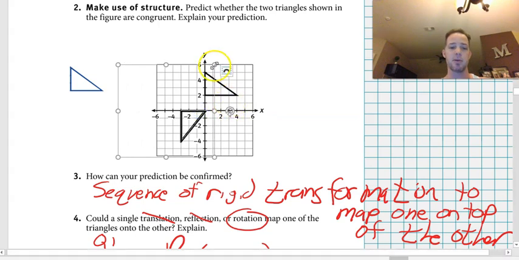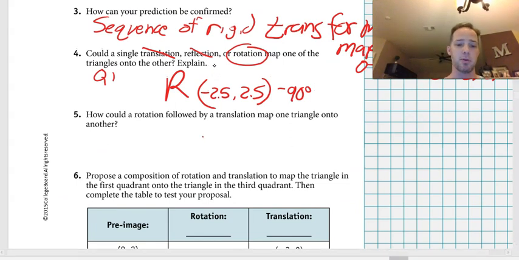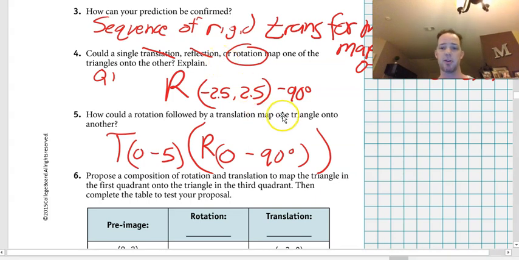So let's go ahead and say that's what we did. We could first rotate about the origin negative 90 degrees. And once we do that, we could translate left 5 units. So it doesn't go up or down, but it does go left 5 units.